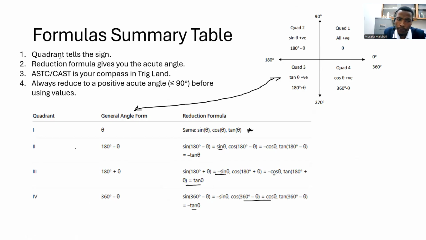So like we said, the first thing is determining the quadrant. We are checking the quadrant to tell us whether our sine, cosine or tangent are negative or positive. Then we're using the reduction formula, which gives you the acute angle, which is easy to use.